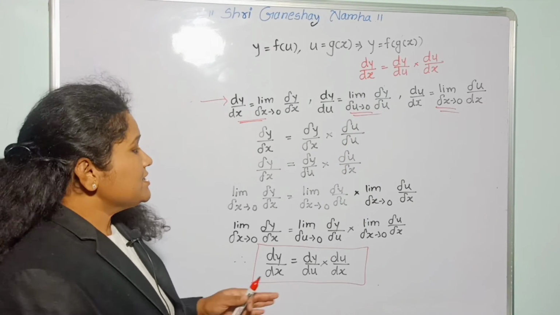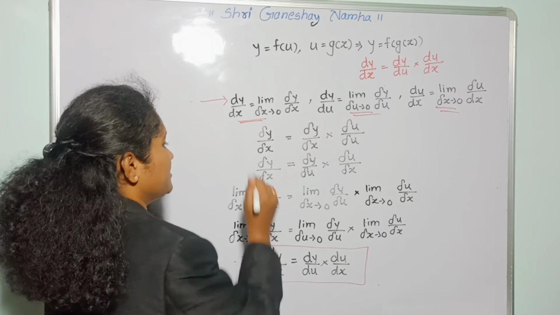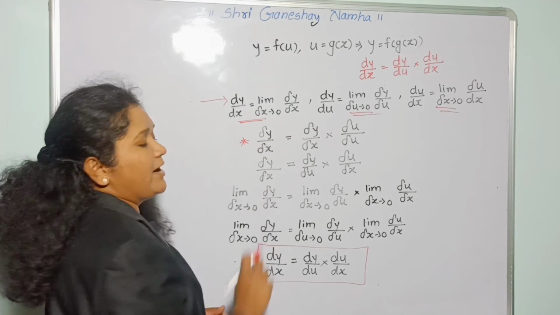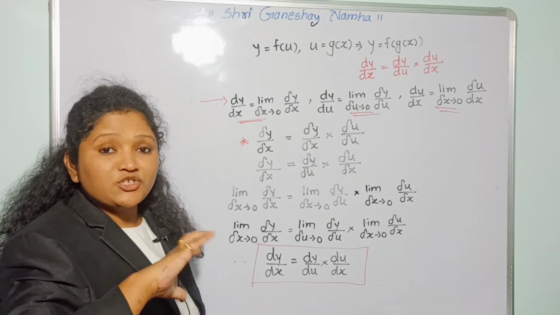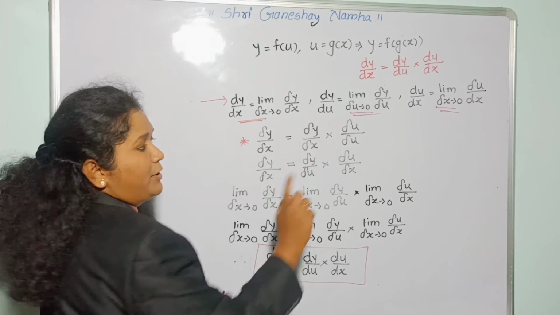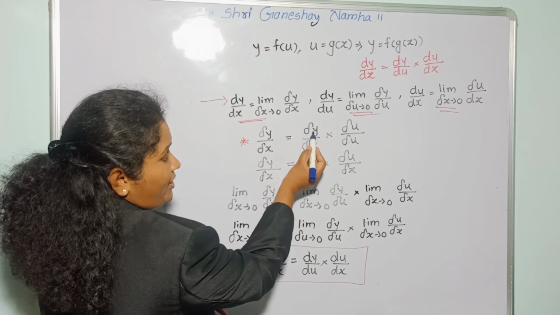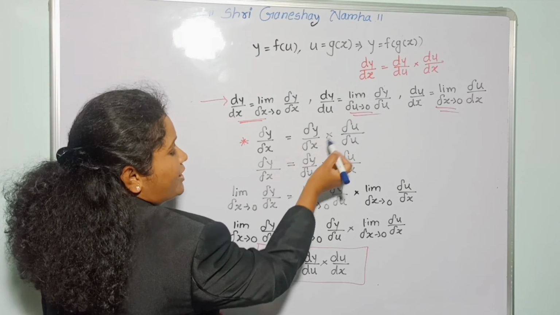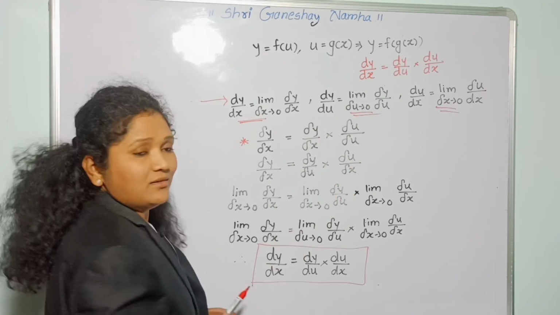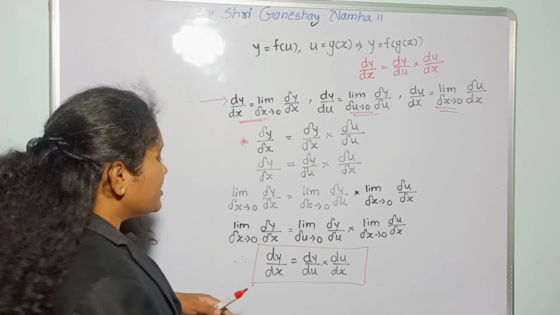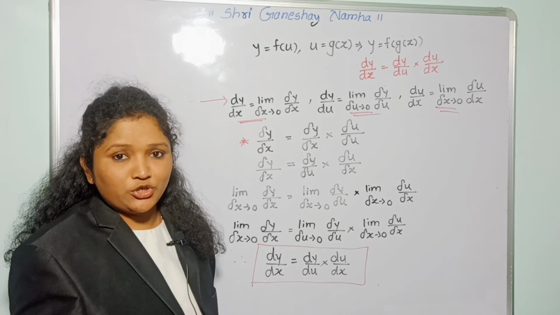In this way, first consider this step, delta y upon delta x. Here multiply and divide by delta u. After that, make groups in cross multiplication: delta y, delta u, delta x, like this, and write it like this. After that, take the limit delta x tends to 0.